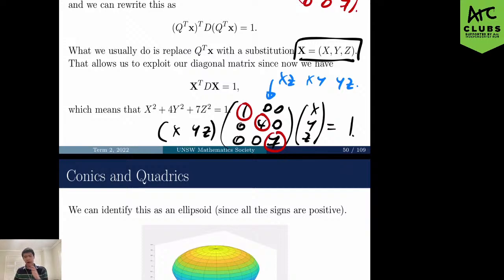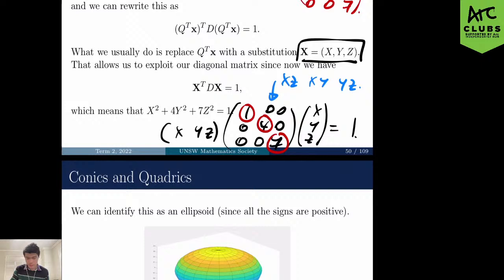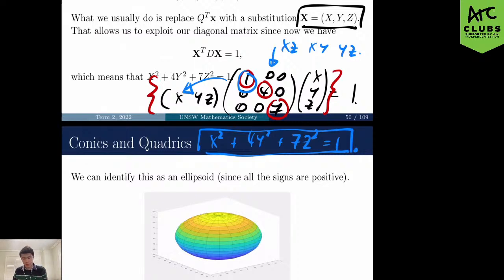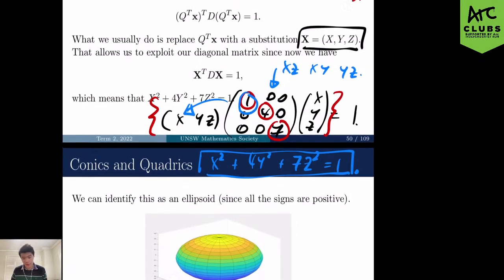So essentially by diagonalizing and making this substitution, we've gotten something like what we wanted before. We've gotten X squared, because this one corresponds to the X squared component, plus 4Y squared plus 7Z squared equals 1. Okay, so essentially what we've done is we've broken this down into a formula that we can actually use.